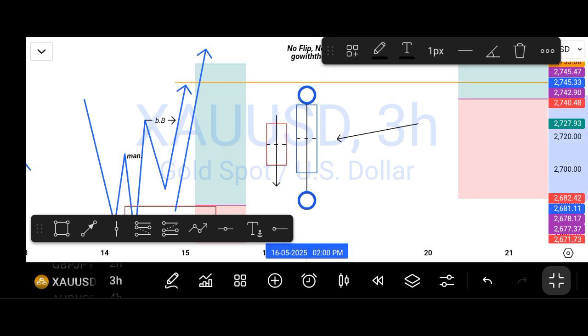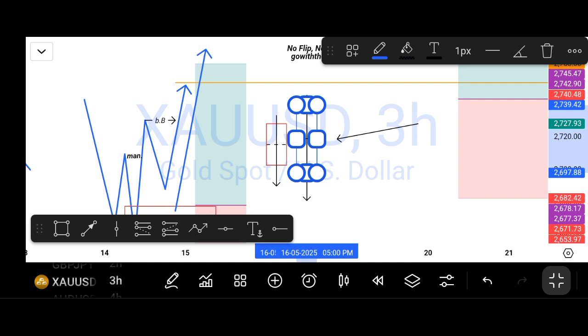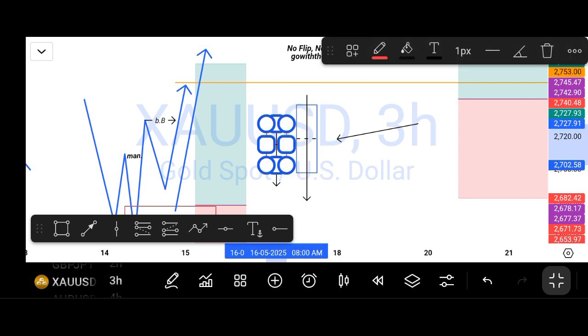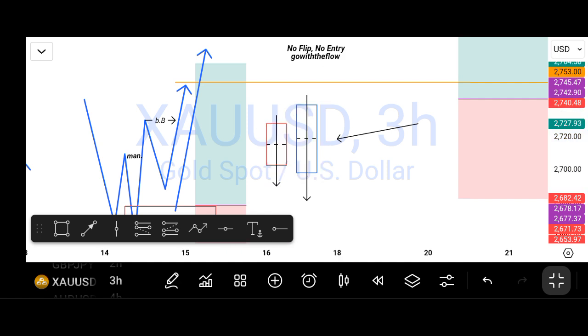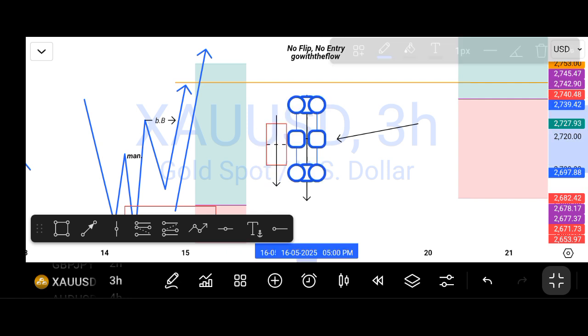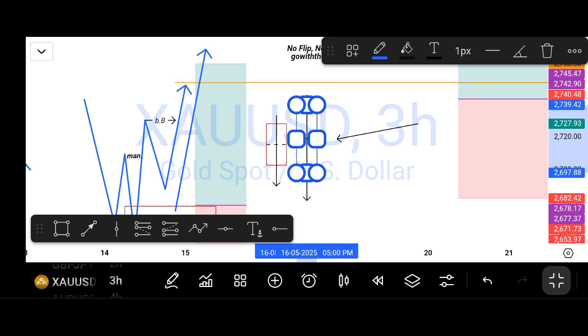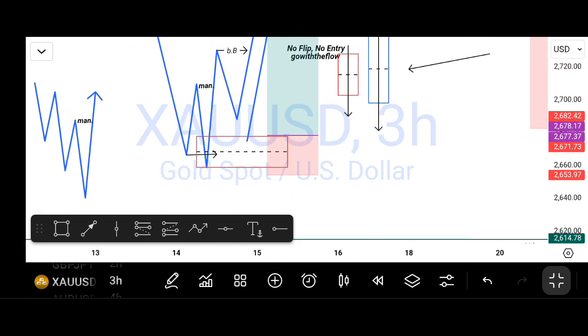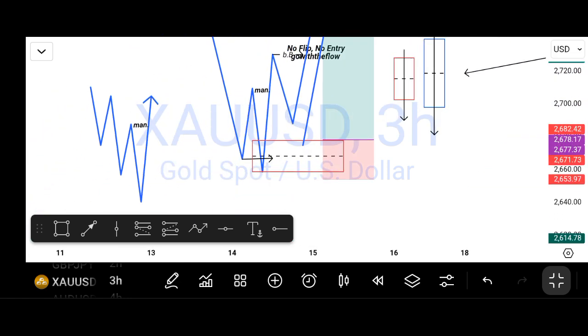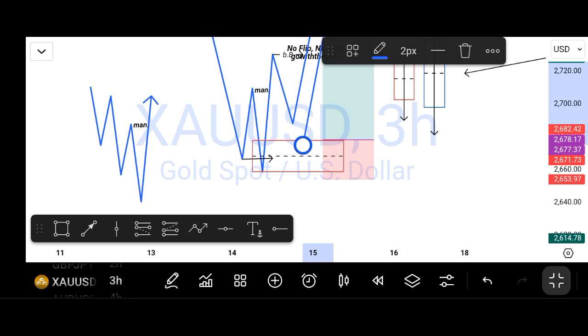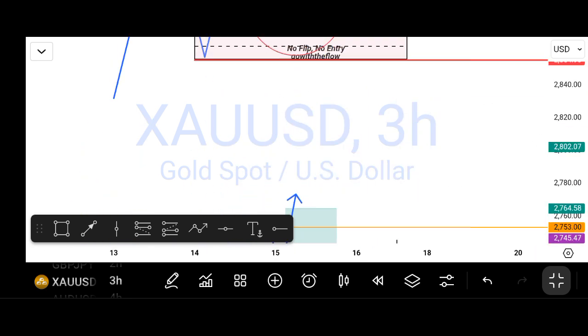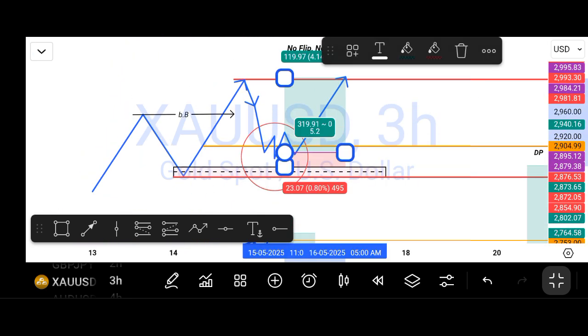Both the wick and also the body of the candle have covered this whole entire candle. So that is called engulfing. So we have the bullish engulfing and we also have the bearish engulfing, depending on where you want to take your trade. In this example, we are supposed to be looking for the bullish engulfing because the market is bullish at this point.